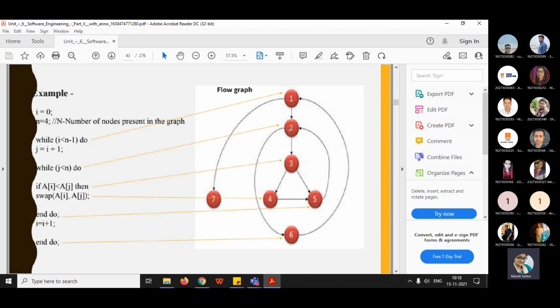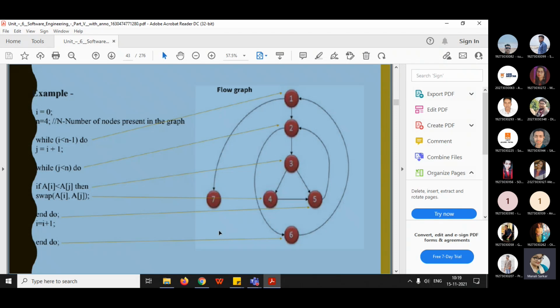If the condition of these two nodes is true, then only it executes nodes 3, 4, 5, and if it is not true, then it directly moves to the end do portion, node number 6.